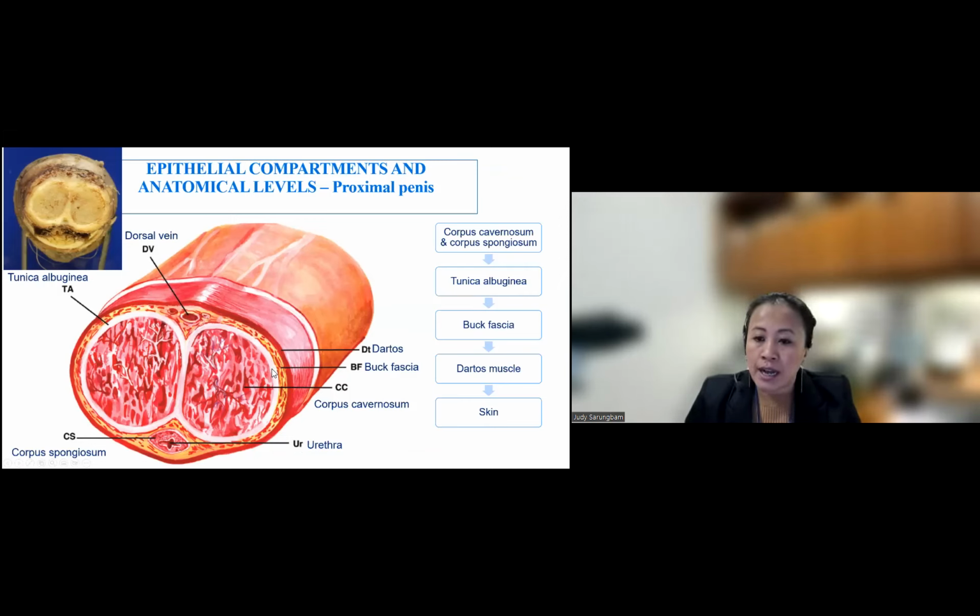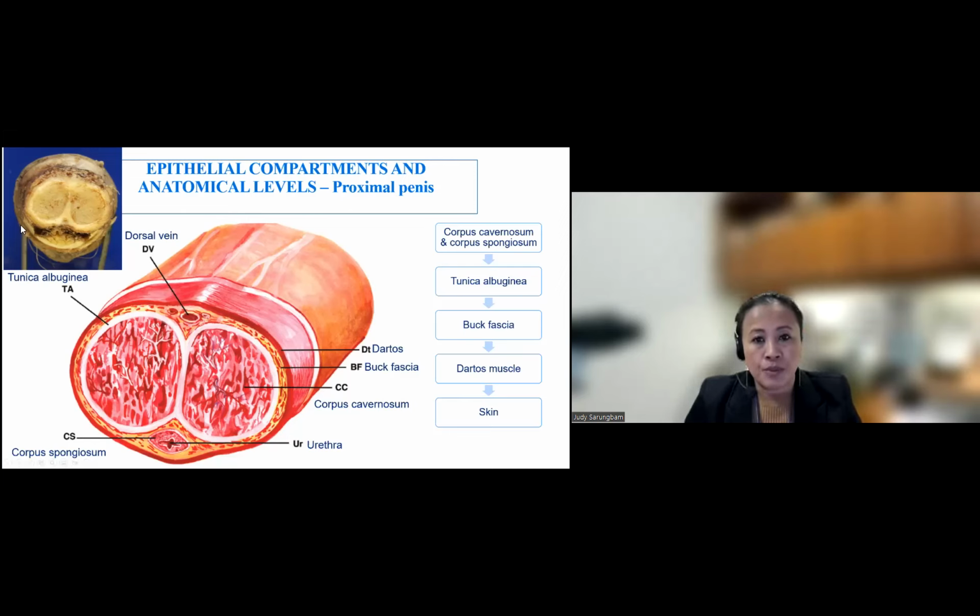Outside of the tunica albuginea is the buck's fascia, which is just a loose hypovascular soft tissue, and outside of this buck's fascia is the dartos muscle, which is composed of a continuous layer of smooth muscle. And finally, we have the skin.